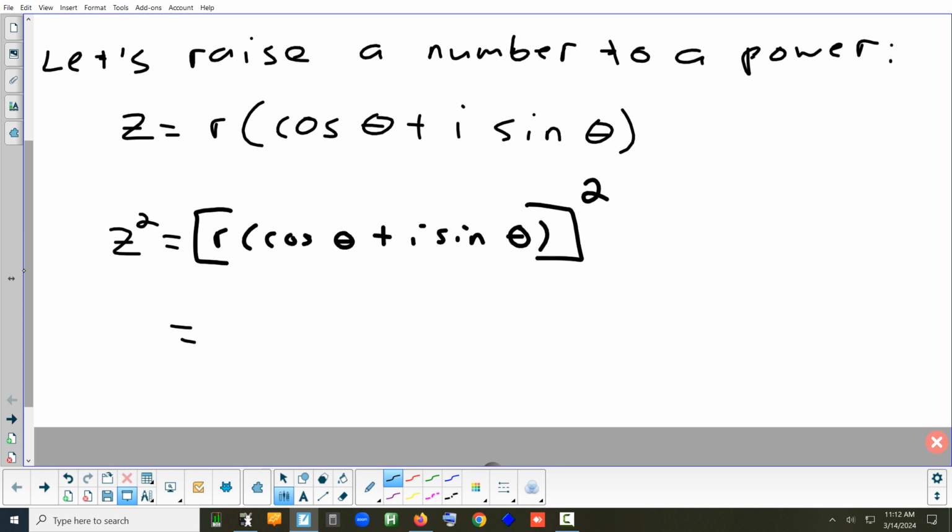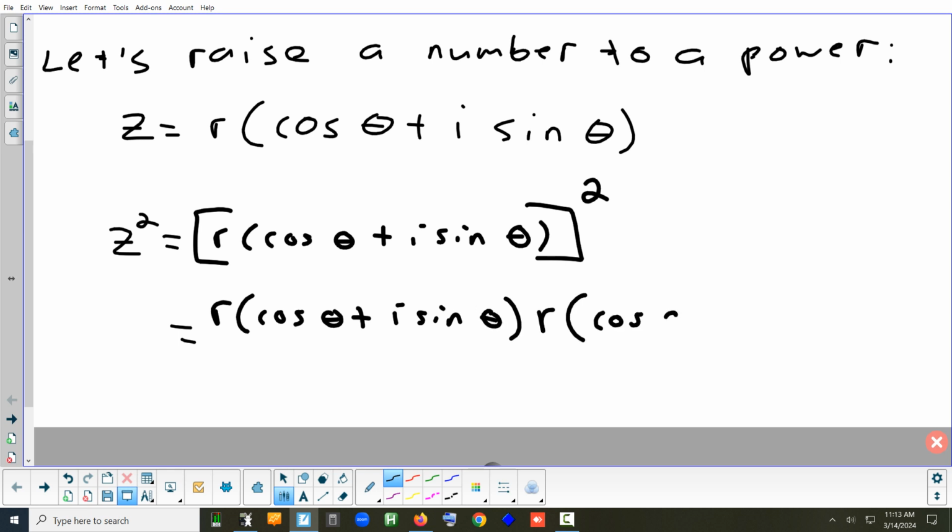Okay, what I'm going to do is write that out, because when I have to do FOIL or distributive properties, sometimes it helps me to just see it. So instead of writing it to the second power, I'm going to just write it twice. So r cosine theta plus I sine theta, r cosine theta plus I sine theta.